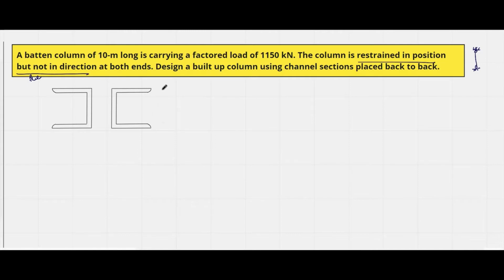Now let us see how we can design this batten column. Given that the axial load is about 1150 kilonewtons, the length of column is 10 meters. Let us find effective length, which is equal to K into L, where K is the constant.